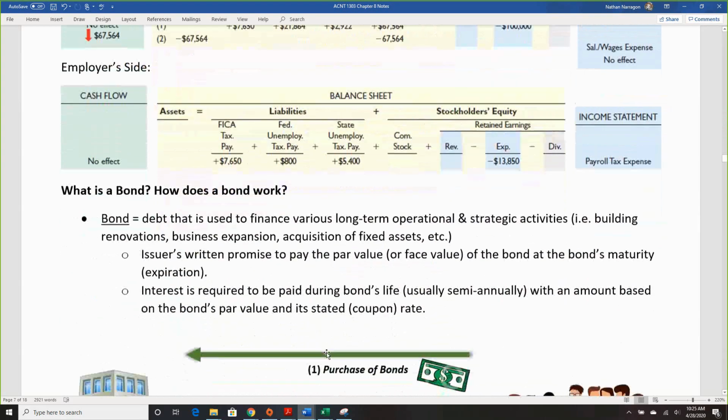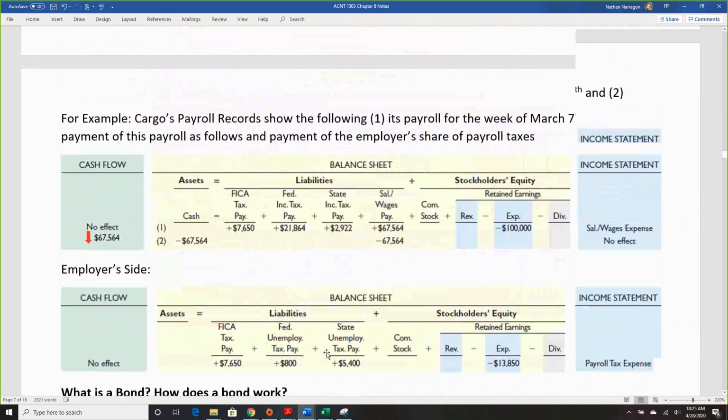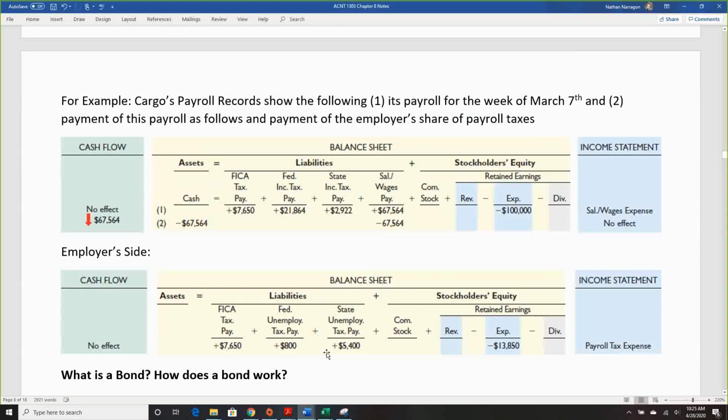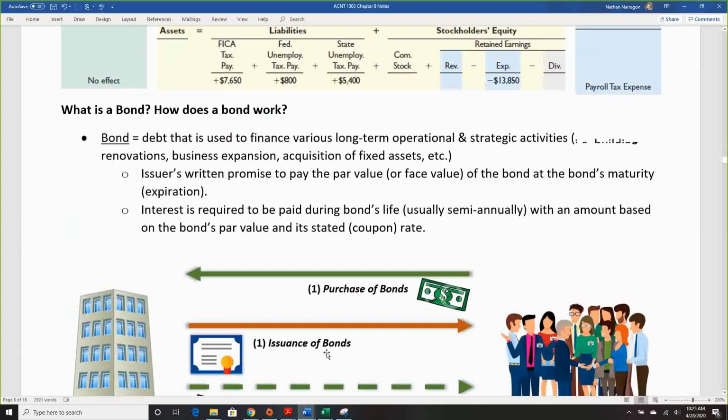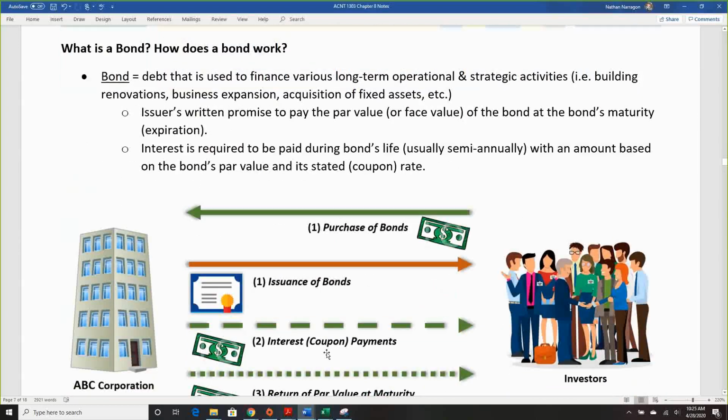So, that's basically a lot of our short-term liabilities right there, our main culprits. Now let's look at a little bit of long-term liabilities, or basically debt finance. It's another way we like to call long-term liabilities.